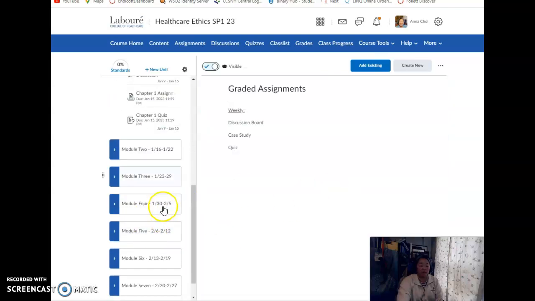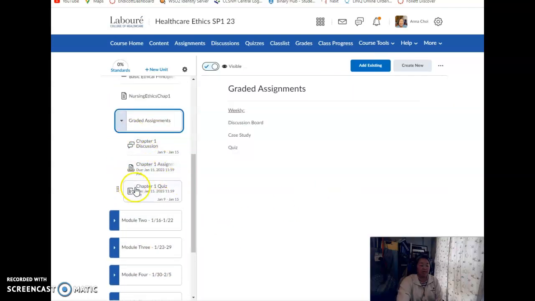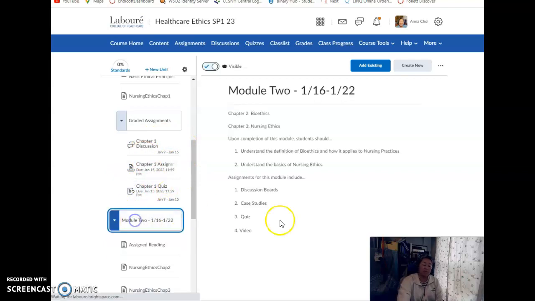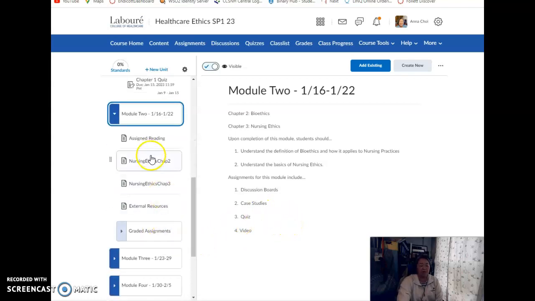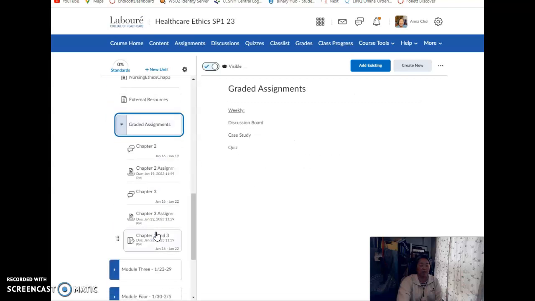Then you will have graded assignments for that week that you have to finish by the end of the week, and then you just move on to module 2, which pretty much is the same thing. Assigned readings, here are chapters 2 and 3, PowerPoints for the chapter 2 and 3 readings that you have to do, and then of course the graded assignments.